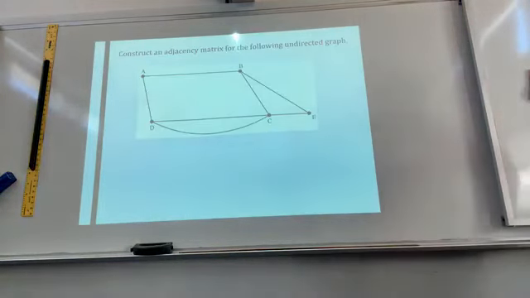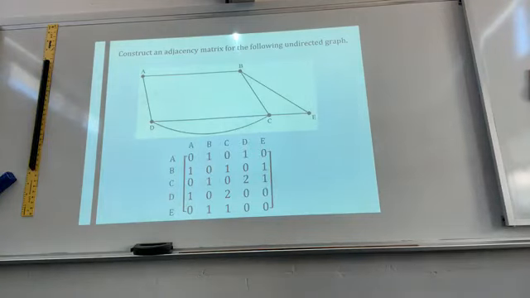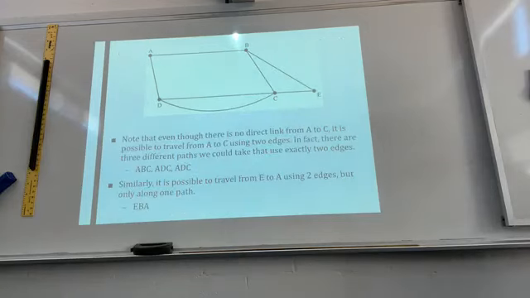All right? So now, yesterday we did construct an adjacency matrix for this. Remember? I hope you do. Now, what I'm going to do is ask you to think about this: there is actually no way we could travel from A to C directly, correct?